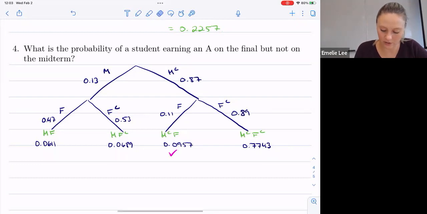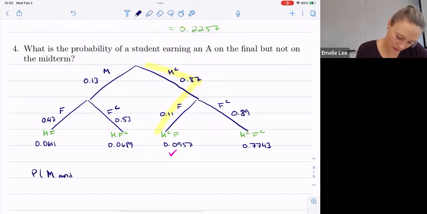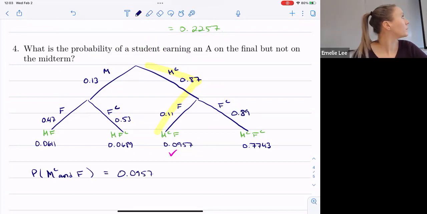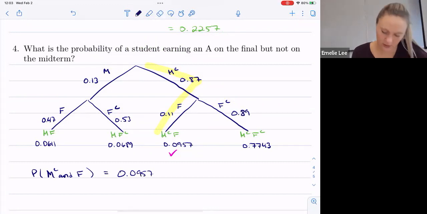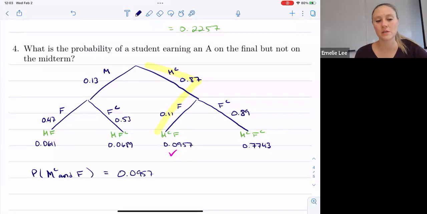Yeah, so then this one's out. So then it has to be just this branch. What is the probability of earning an A on the final, but not on the midterm? How I read this is the probability of not M and F is 0.0957. I don't know if there's another way to read it, but hopefully that makes sense.